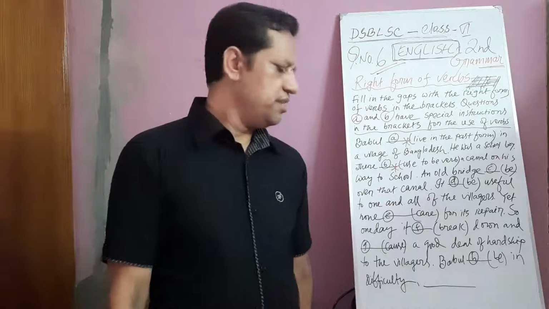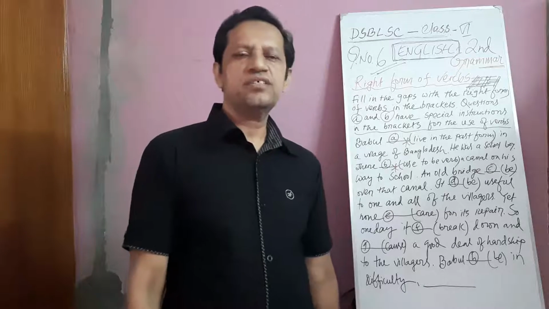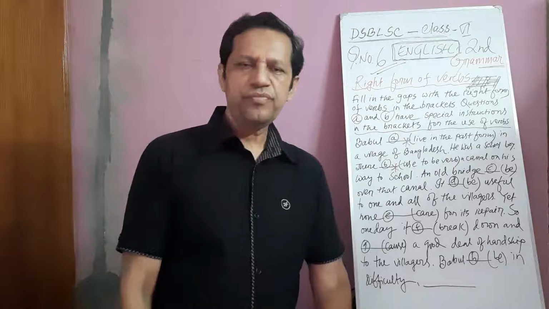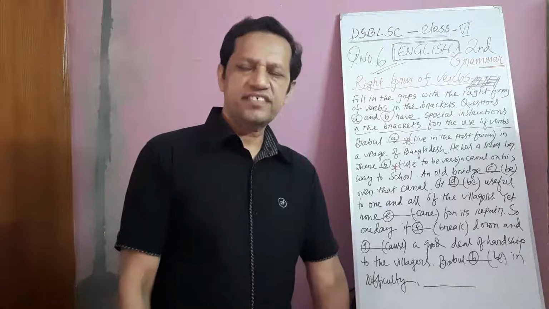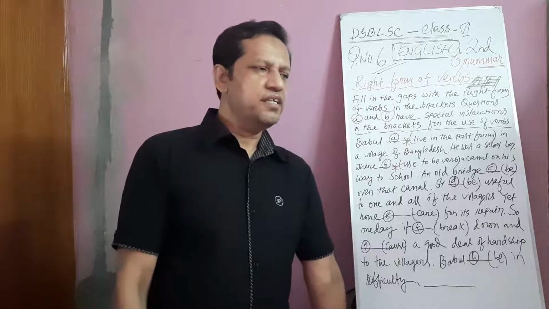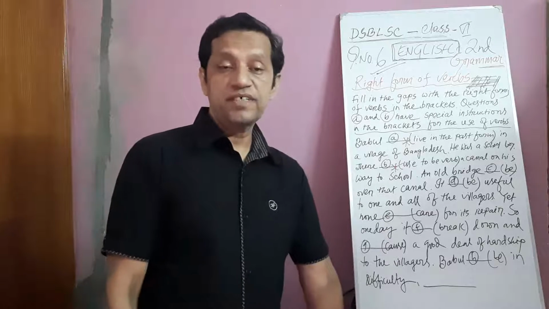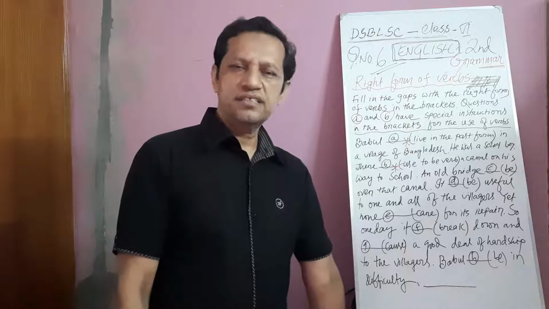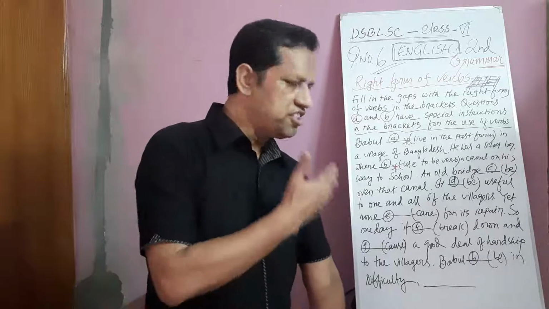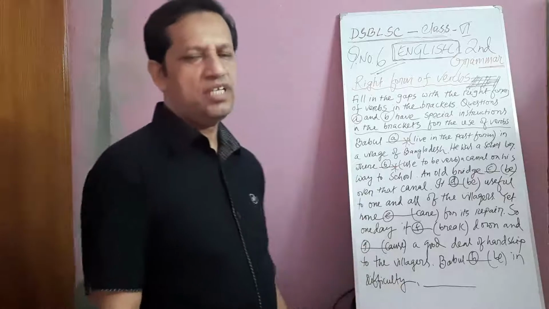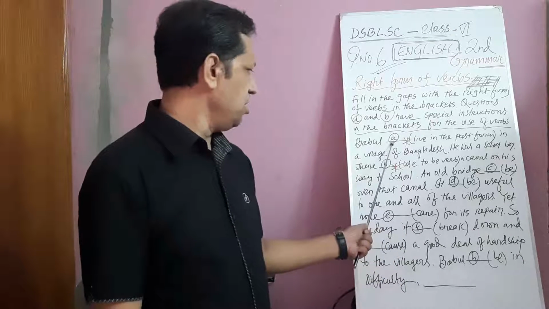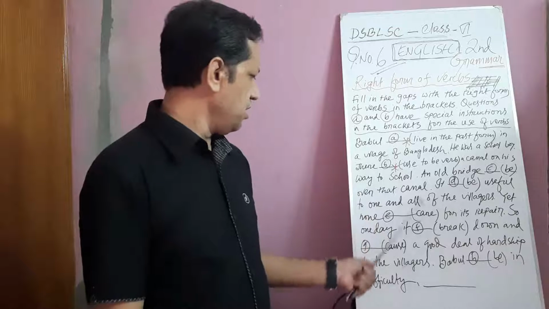Dear students, this is the passage of right form of verbs. I think if you are given a passage, then you need not copy the passage in your script, only write the answers serially. For this passage, you have to write only the capital or the small letters which are given in the passage.